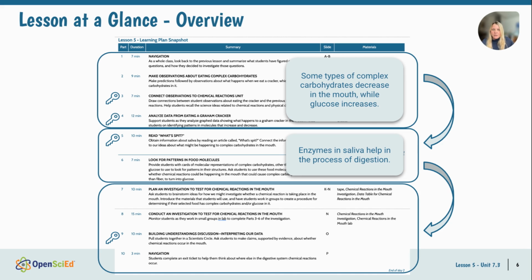We know this because we didn't have a positive Benedict's test for glucose in the samples without the amylase, but we did have a positive Benedict's test for the glucose in the samples with the amylase. This means the atoms in the complex carbohydrates became the atoms in the glucose through a chemical reaction.